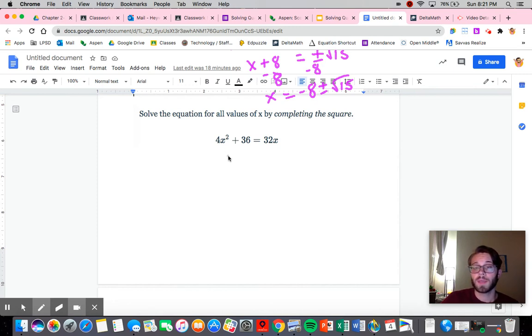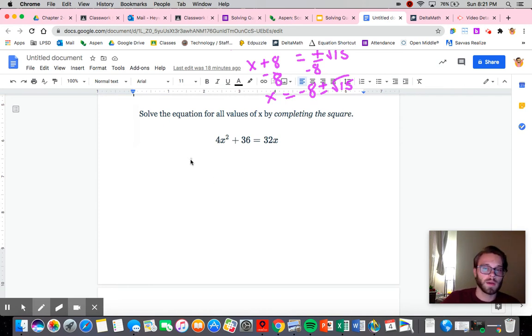When a is not 1, number one, we can see if it'll divide out nicely, and in this case it will. If it didn't, we would have to factor it out and divide everything by a, so that we could have a quadratic where a was 1, because completing the square relies on a being 1 to create that perfect square trinomial.